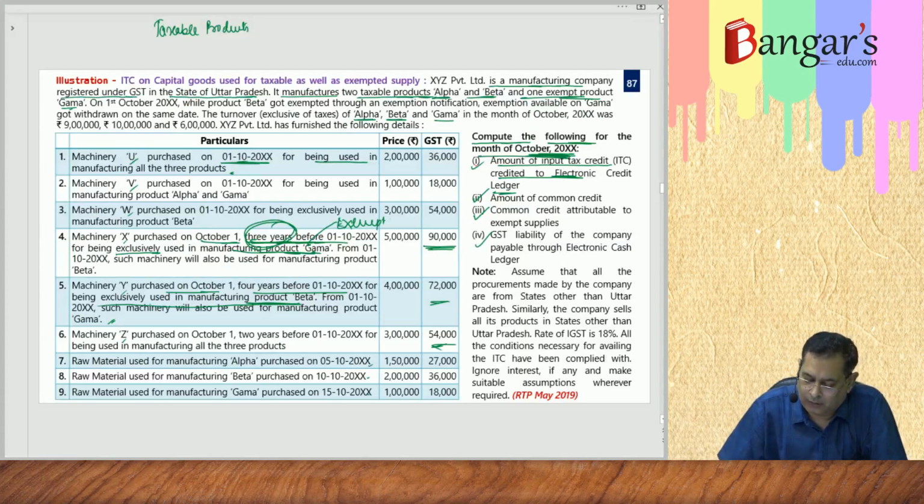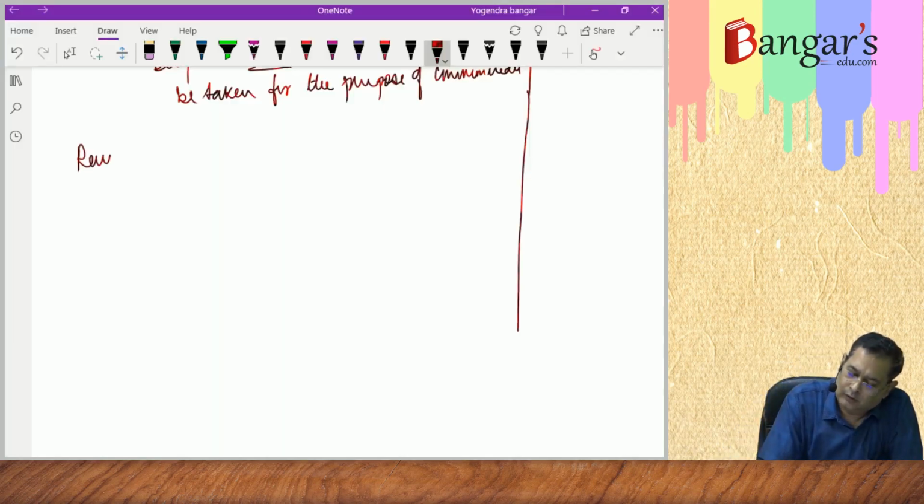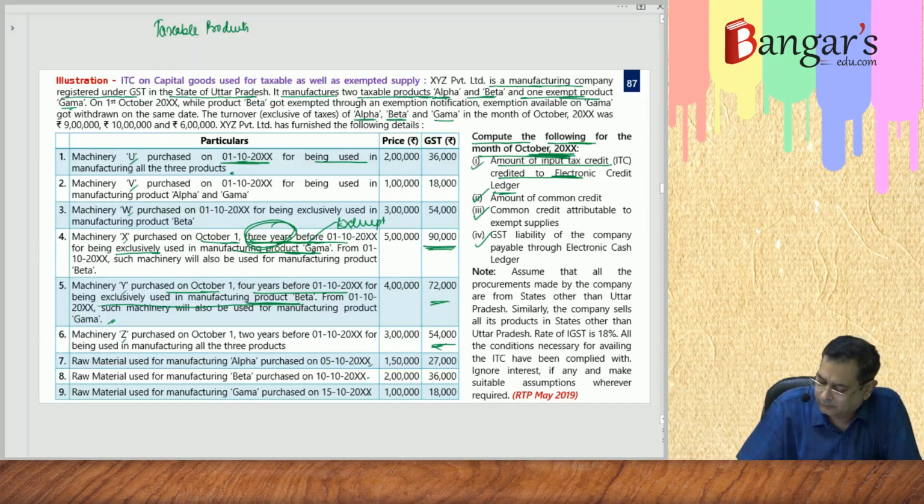Then raw material used for manufacturing alpha, 27,000 rupees. Raw material used for manufacturing alpha, 27,000 rupees.